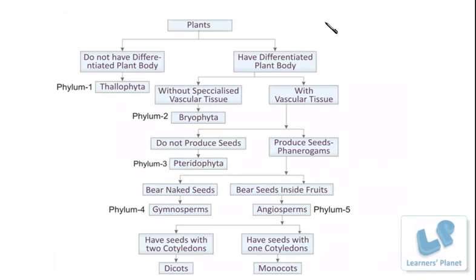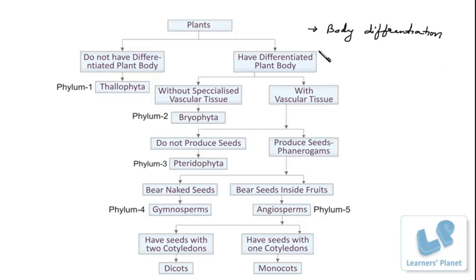Fine. So let me discuss the criteria in a broad manner. The very first thing to classify plants into subgroups is the level of body differentiation of these multicellular organisms, right? This is the first criteria to subclassify the plants.